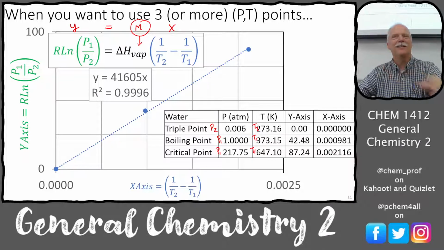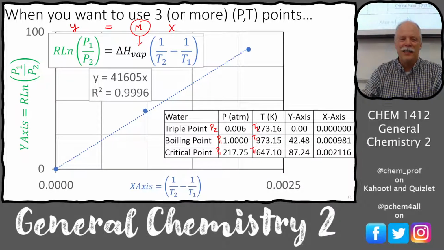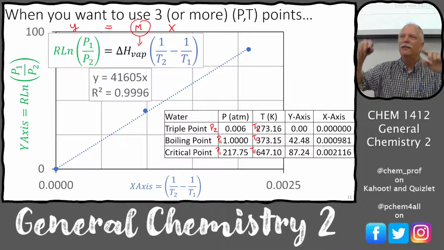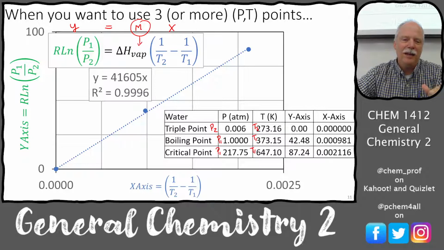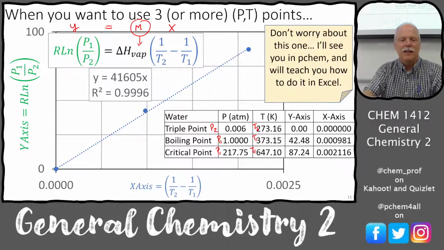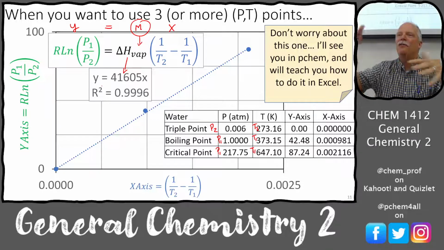And look at that slope. It's a nice linear function. I captured 99.96% of the variation in the data points. That's great. And the slope is 41,605. So that's my delta H of vaporization right there. So that's how you use 3 points or 5 or 100.